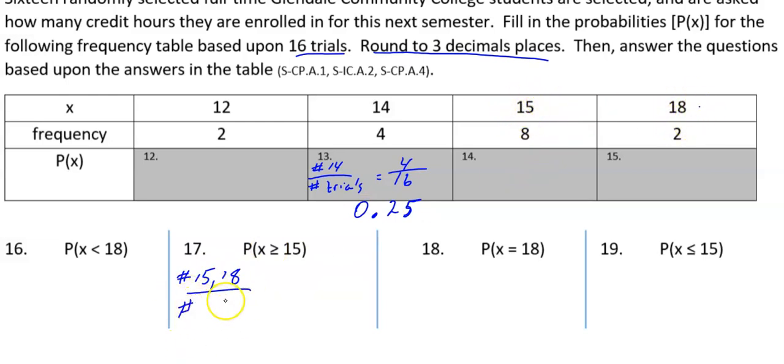Divided by the number of trials. So 10 people, 8 plus 2, out of 16 took 15 or more credit hours. And they want me to write that as a decimal. So when I write that as a decimal, that would be 0.625. Boom.